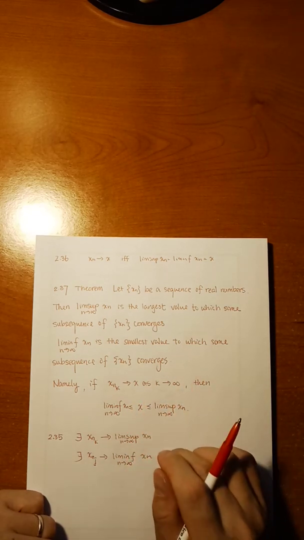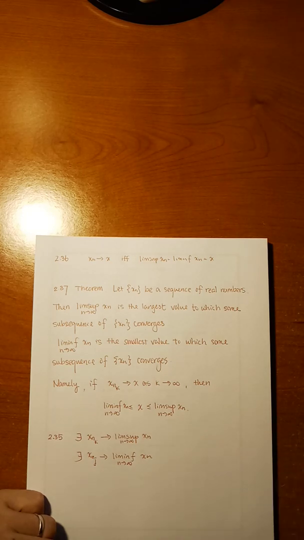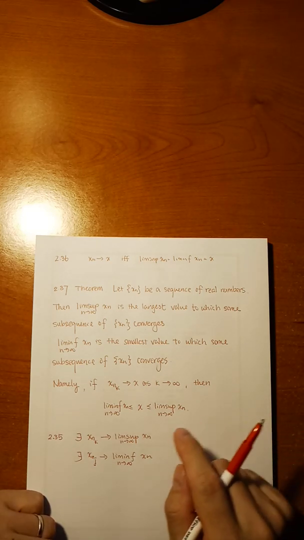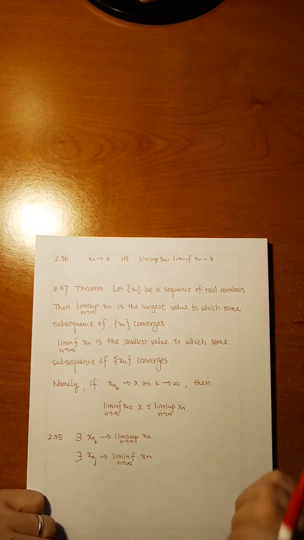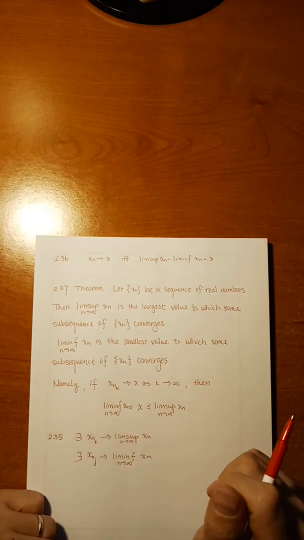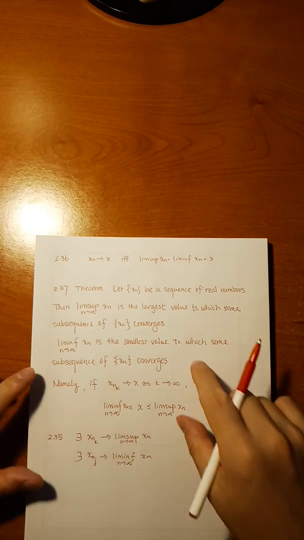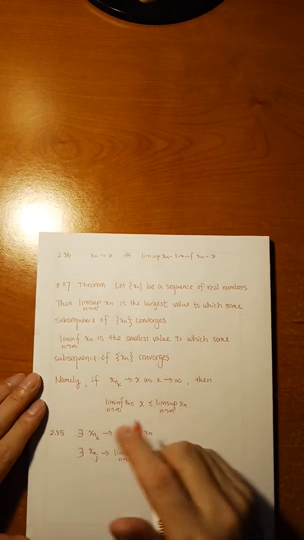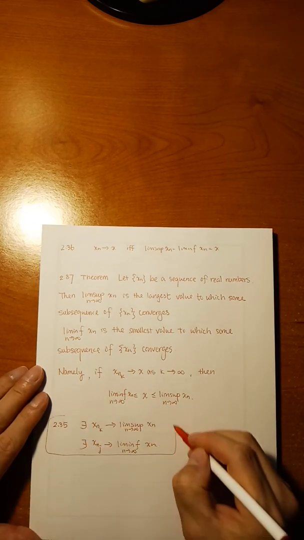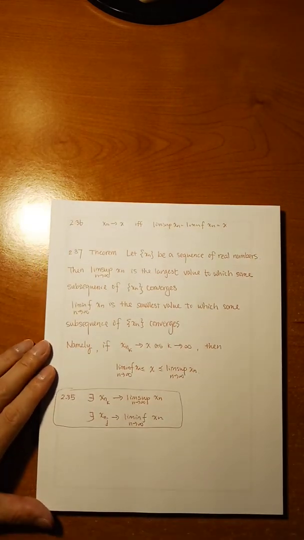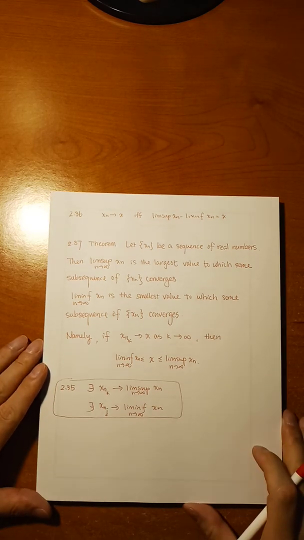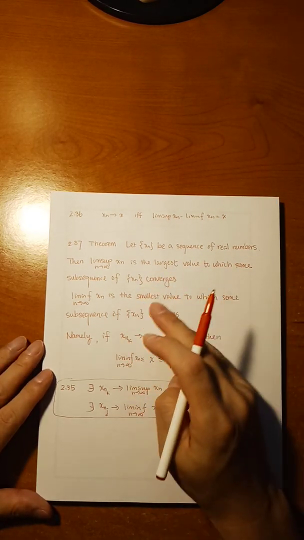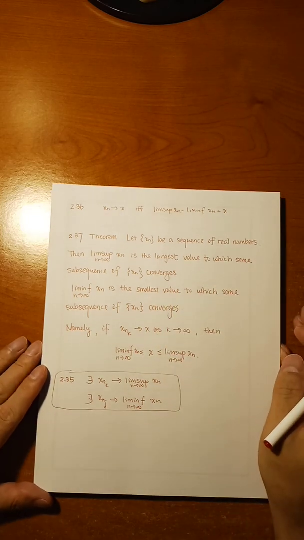And 2.35 claims you can find subsequences converging to the lim inf and to the lim sup. So it's not exactly equivalent to it. You have to use theorem 2.35. Okay, so let's try to prove 2.37.